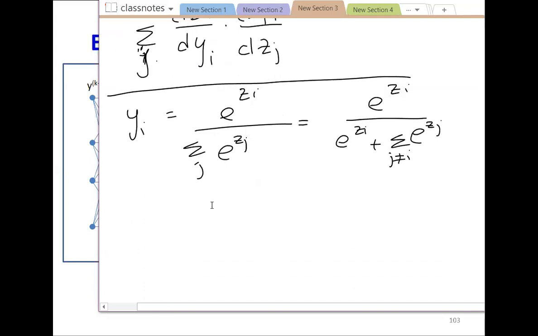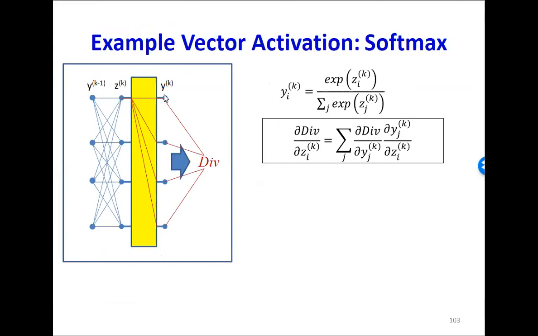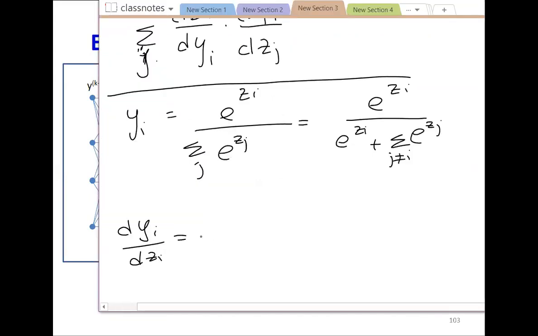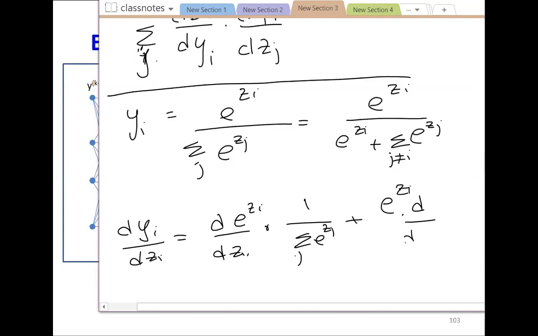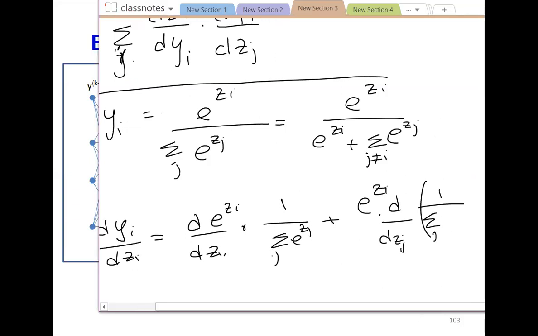So when I take the derivative of yi with respect to zi, using your standard product rule, that is the derivative of e raised to zi over zi times 1 over summation j e raised to zj, plus e raised to zi times the derivative with respect to zi of 1 over summation j e raised to zj.